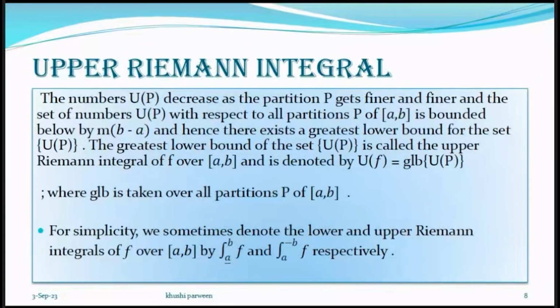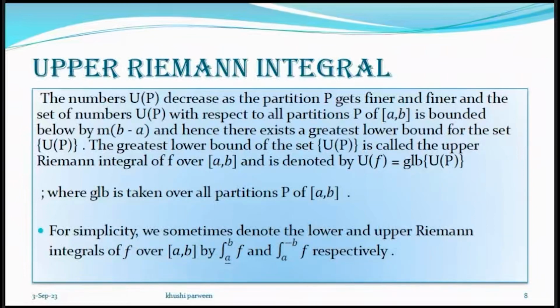Next is the upper Riemann integral. Similarly, the numbers U(f, P) decrease as the partition P gets finer and finer. The set of numbers U(f, P) with respect to all partitions P of [a, b] is bounded below by m(b - a), where m is the infimum, and hence there exists a greatest lower bound for the set of U(f, P).